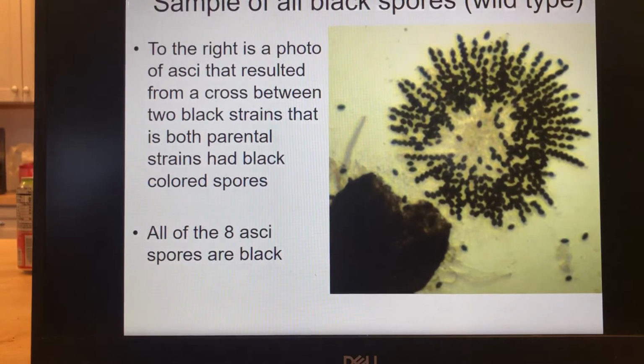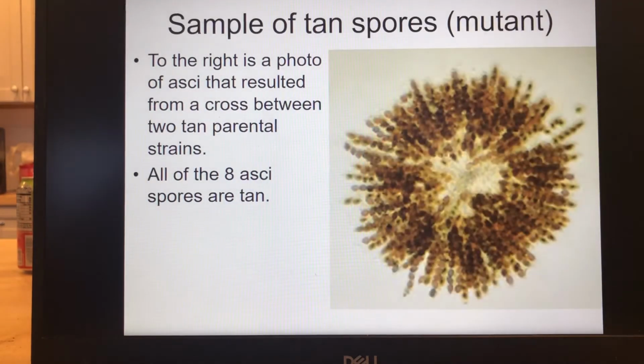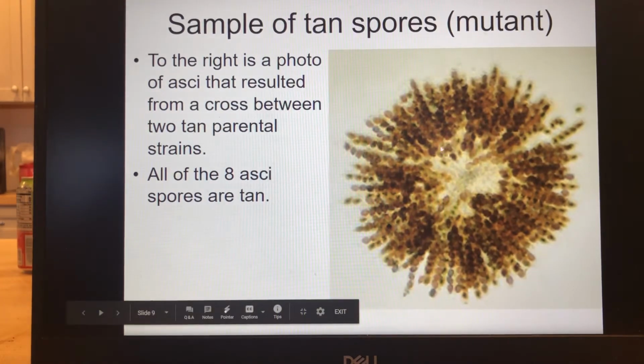So all 8 of the spores in the asci will be black. The mutant is what we call the tan spores. And if you bred 2 tan spores together, then you would end up with all tan spores in each ascus. So you would have 8 tan spores.